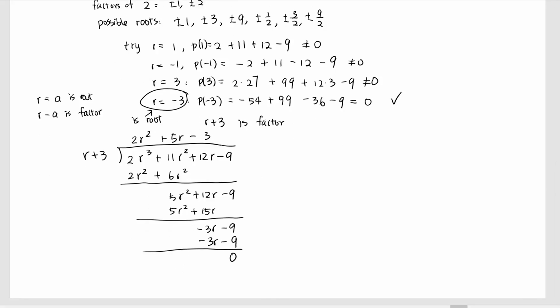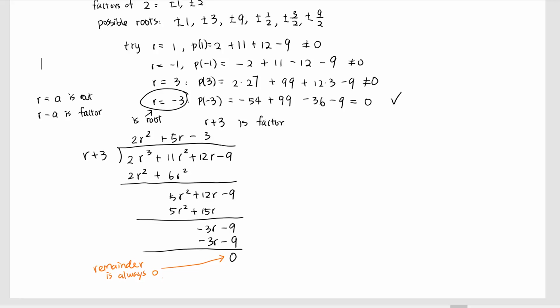Yay! The remainder is always 0, because you found a factor, x plus 3. If the remainder is not 0, go back and check your work. Maybe you have the wrong root.